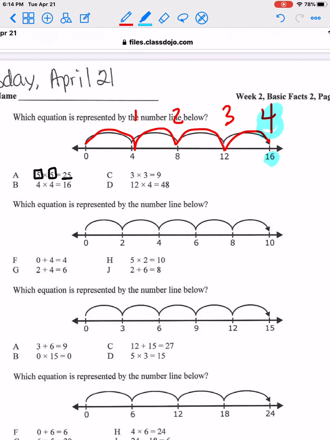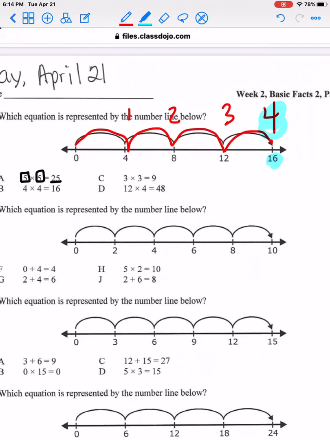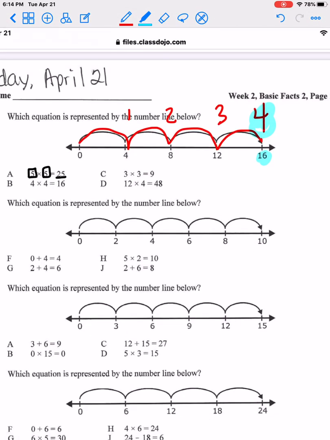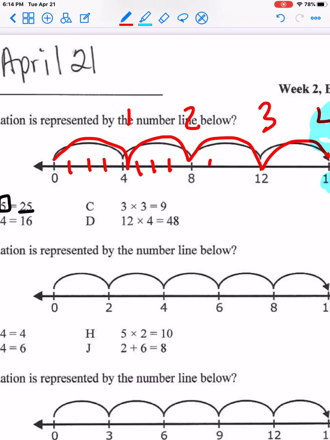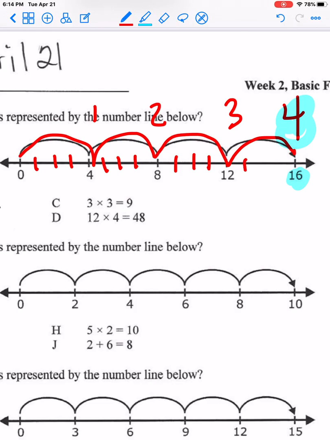Now, let me go further and analyze my number line a bit further. What do I have here? Let me fill in the blanks between each of my numbers. I have 0, 1, 2, 3, and then 4, 5, 6, 7, 8, 9, 10, 11, 12, 13, 14, 15, 16.